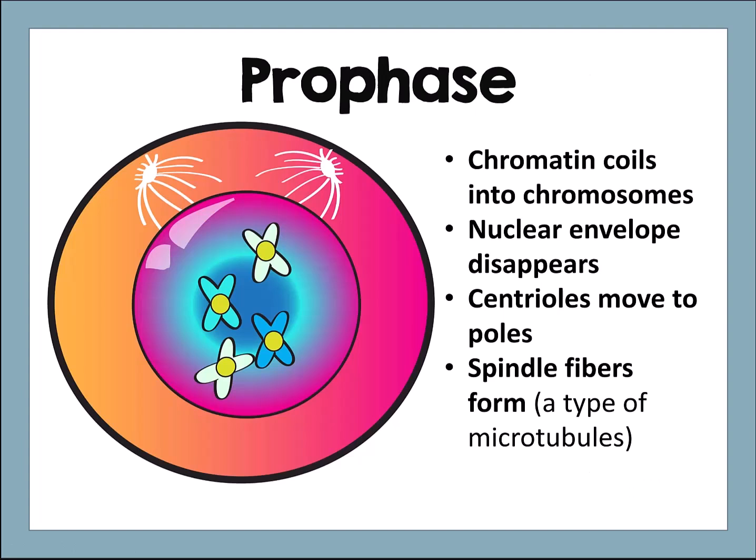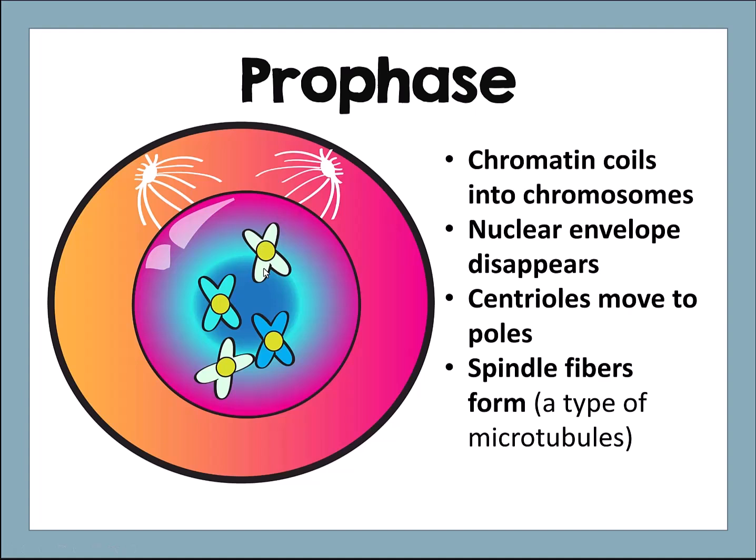Okay, going into more detail on each of these phases of mitosis, we'll start with prophase. In prophase, the chromatin, which is those long strands of DNA, begins to coil into chromosomes. And those chromosomes are X-shaped structures because they're duplicated DNA.